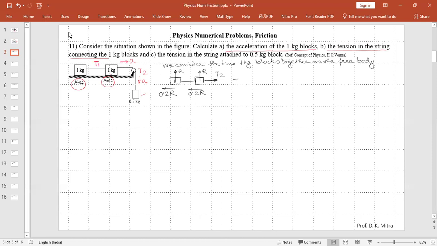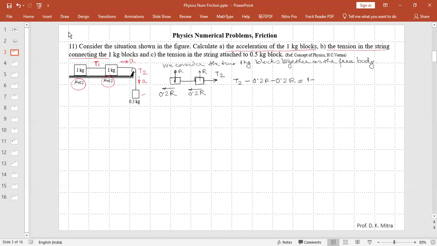We find T2 minus 0.2 R minus 0.2 R, because both of them are in the opposite direction, will be equal to the mass together times acceleration.